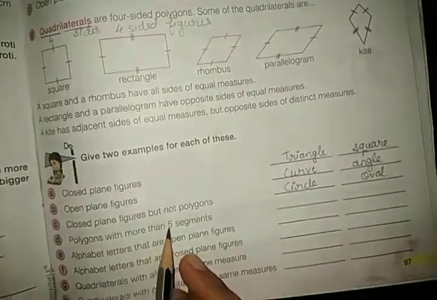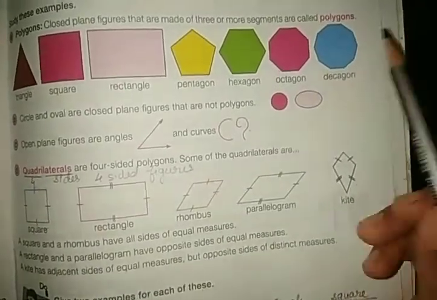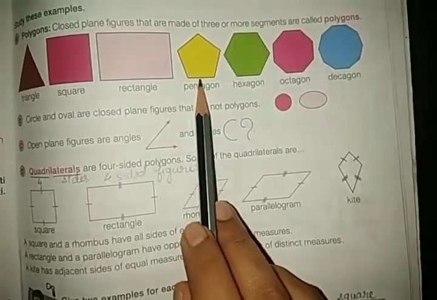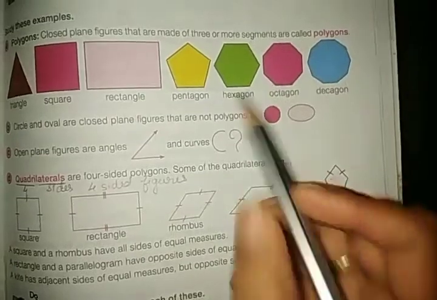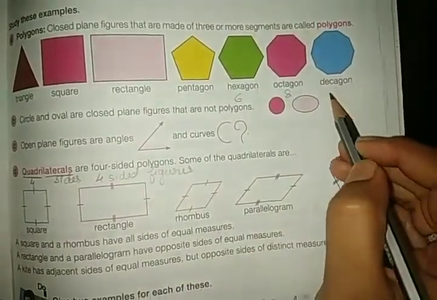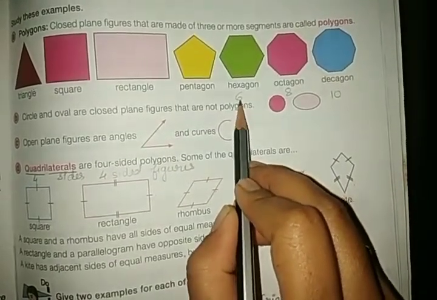Next, D1, polygons with more than 5 segments, or more than 5 lines. This is a pentagon. Penta means 5, so it has 5 segments. Hexagon has 6 segments.